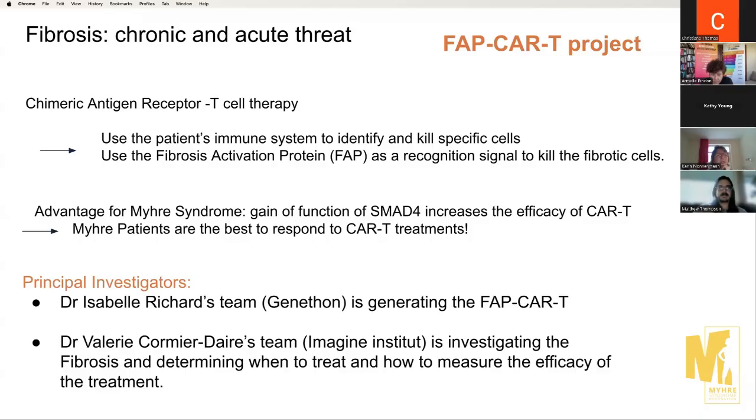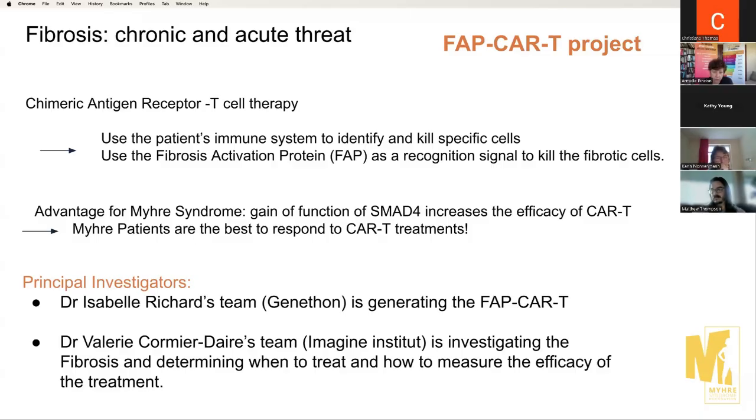And the other part of the team from the FAP-CAR-T project is Valérie Cormier from the Imagine Institute. She's the scientist, the clinician who discovered the gene linked to Myhre syndrome, so she's at the origin of the discovery of the disease. And she's the only clinician having a clinical trial now on Myhre patients.